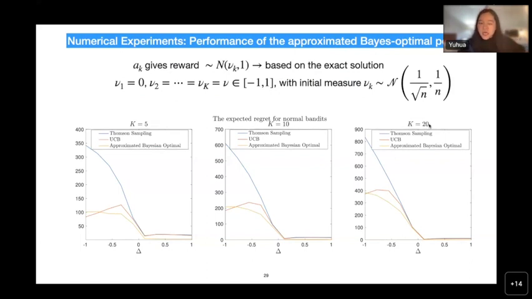We can see this yellow line is the optimal policy based on our HJB equation, which almost has the smallest regret. The only thing that does not work very well is when our prior estimation is not that good.